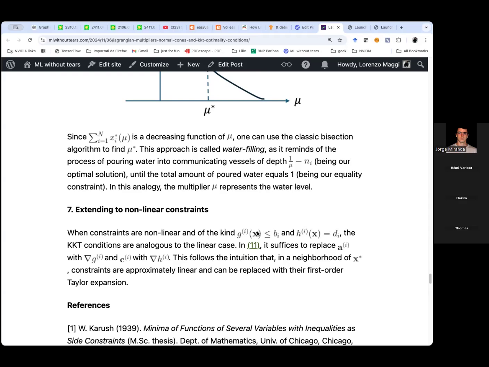Basically the intuition holds because if we do that, we just replace ai with the gradient of the function and ci with the gradient of the second function, and everything works the same.